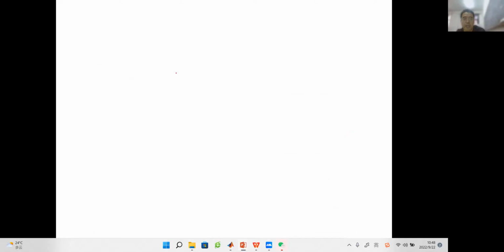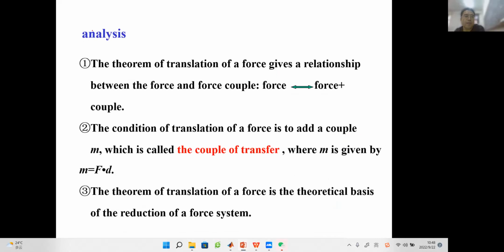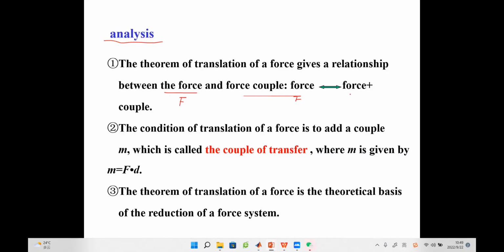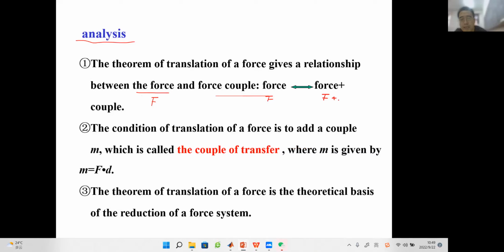So let's continue and do some analysis. The first is that the theorem of translation of a force gives a relationship between the original force F and the force couple. That means at point A we have F, and its effect equals F plus a couple at point B, right?